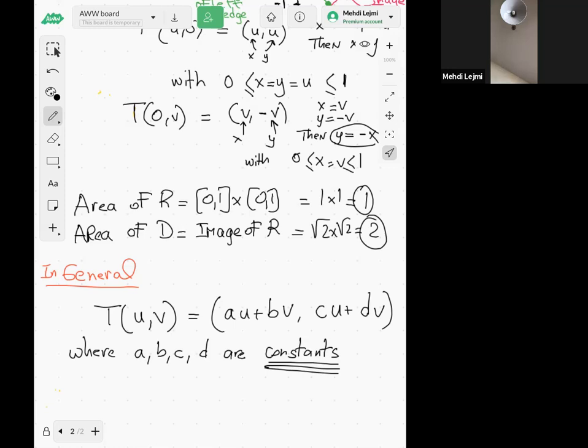If you have such a transformation, such a transformation T is called a linear transformation.